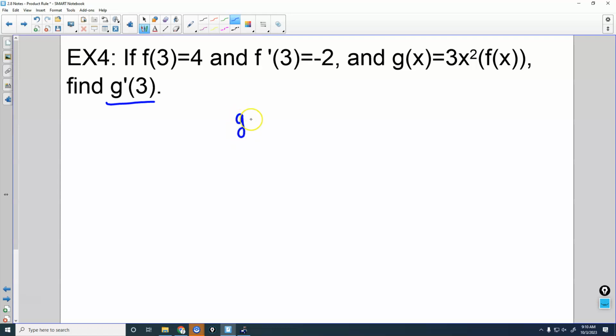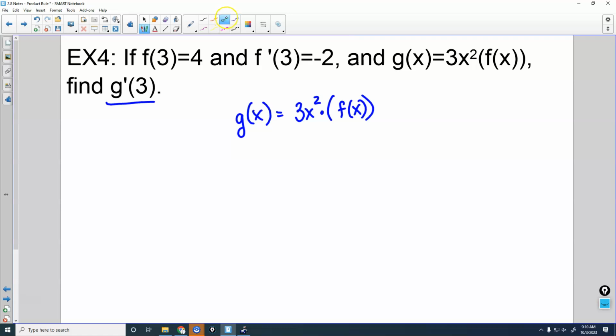So our g of x is 3x squared times f of x. This must be a product rule because you got two pieces that have x's in them that are multiplied together.